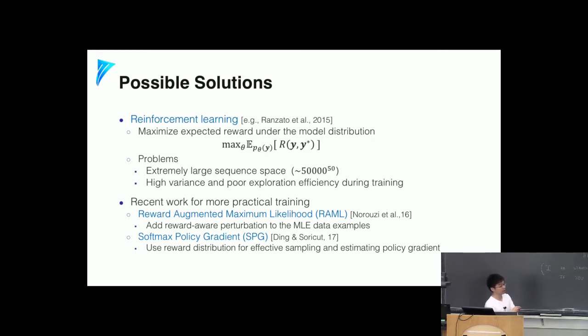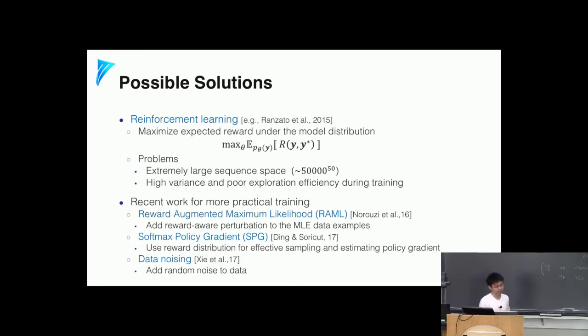But especially at the initial training stage, this model is still not very good, right? So the samples might be of very low quality, and this makes the training suffer from a high variance. So here in softmax policy gradients, we reformulate these objectives so that the sampling will be based on both the model and the reward function, so that this sampling will be more efficient and produce better samples.